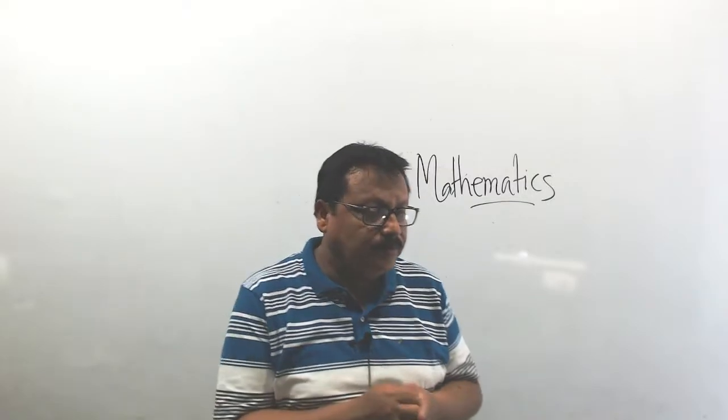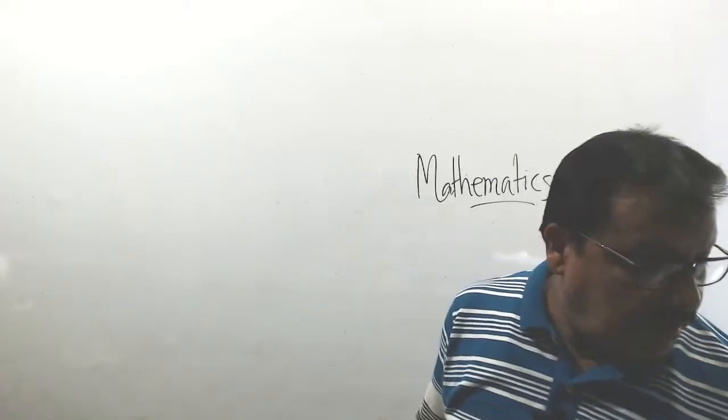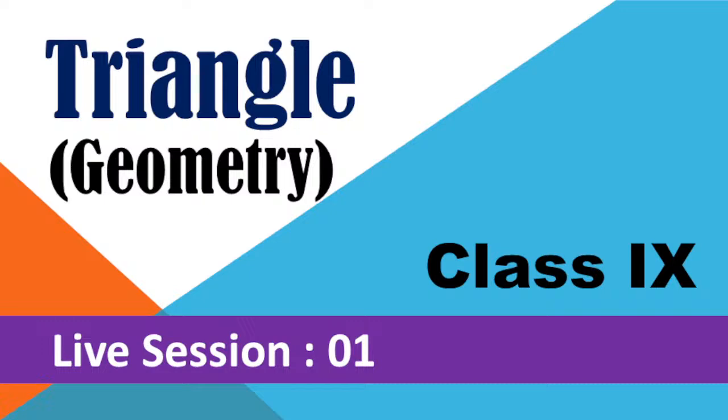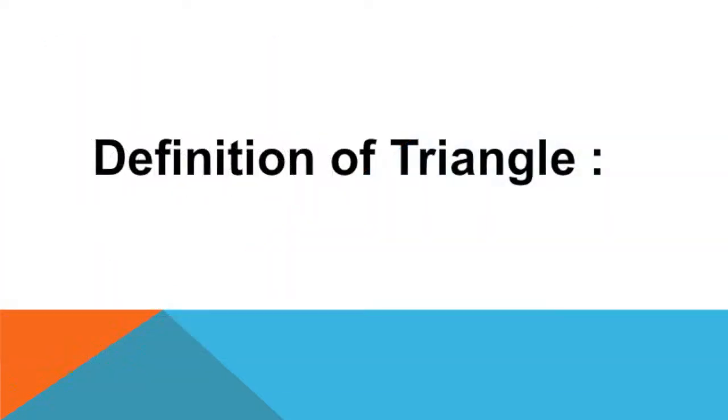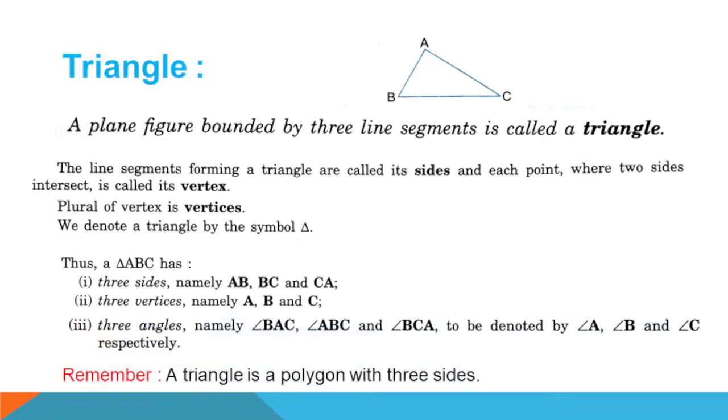See, first of all, the definition of triangle. What is a triangle? It is given here: a plane figure bounded by three line segments is called a triangle, right?